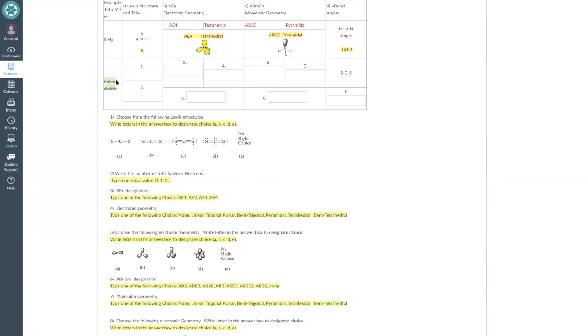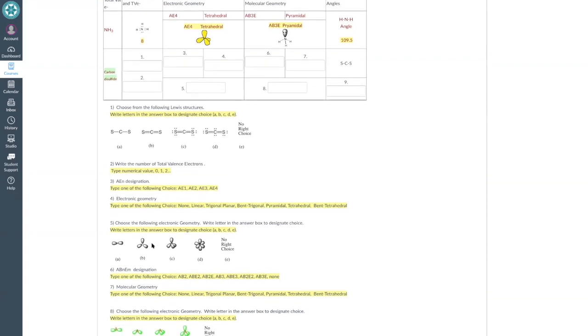The question here is, when you complete the Lewis structure, which one is the correct Lewis structure? Then type the number of total valence electrons in this particular case, and then type one of the following: the electronic designation, and then the geometry based on the electronic designation.